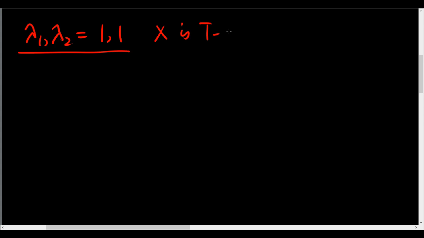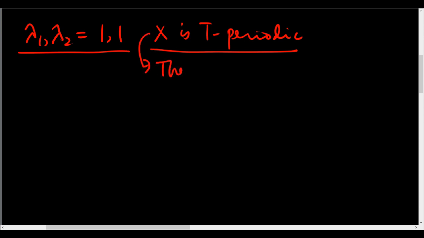So if lambda 1 lambda 2 equals 1, that means in fact that x is T periodic. Well, that's not strictly true. What I mean is, there is a T periodic solution.